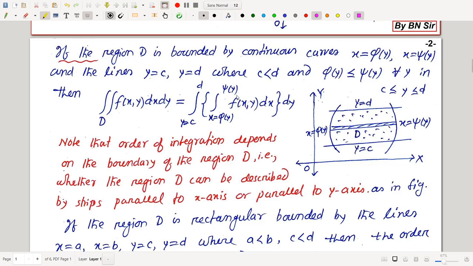After putting the limits phi y and psi y, everything will become in terms of y, a function of y alone, and then we integrate with respect to y from y equal to c to y equal to d. The strip is moved parallel to itself from y equal to c to y equal to d, the whole region is covered, and the integral over the whole region is taken.